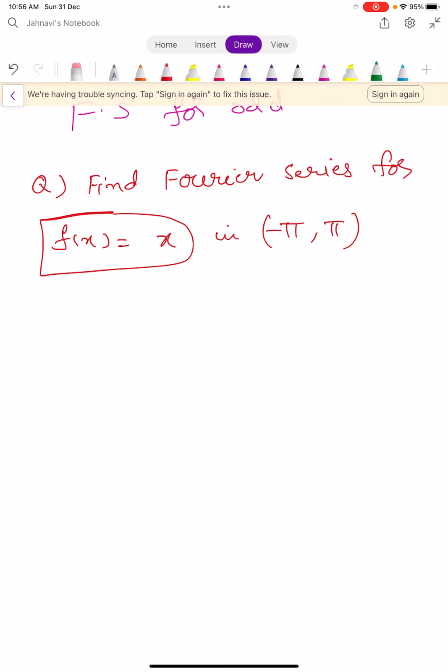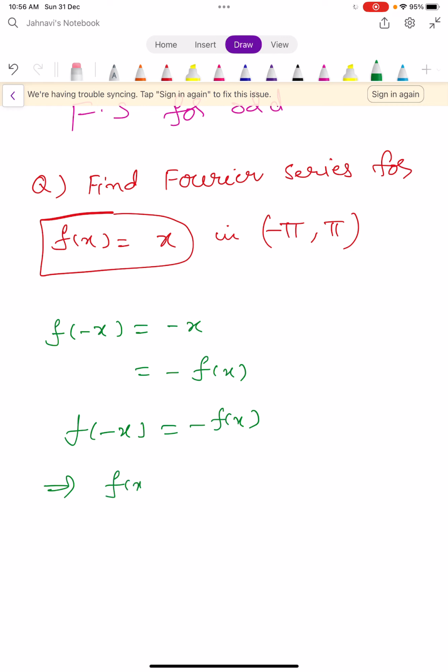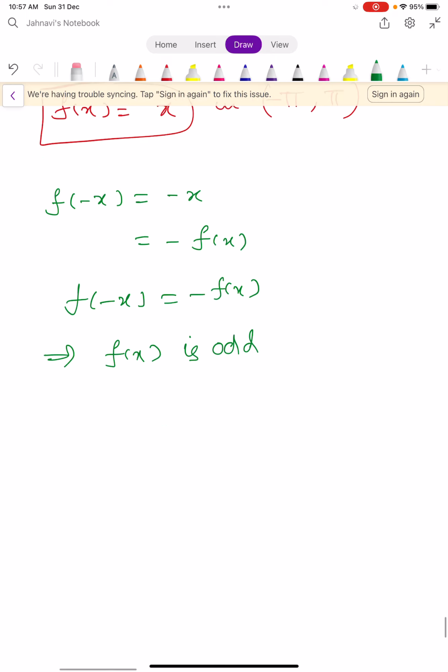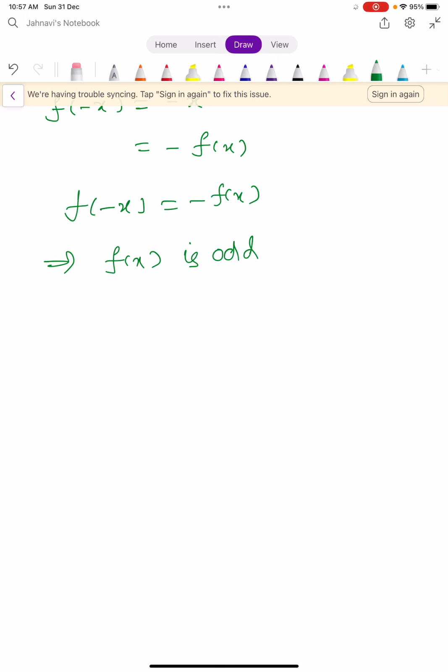Now you check it. F of minus x, what happens? Minus x. So you can write minus f of x. So f of minus x is equal to minus f of x. This condition implies the function f of x is an odd function.